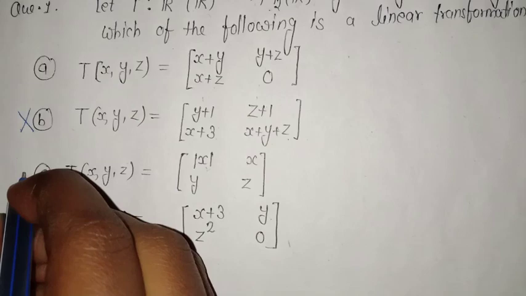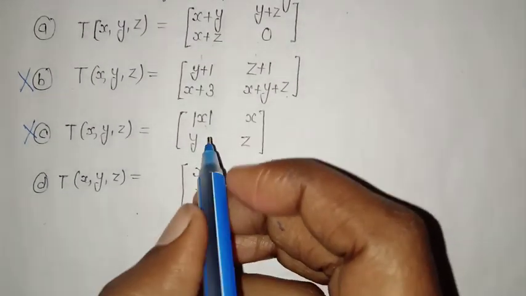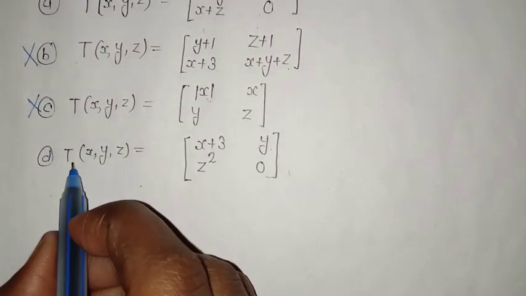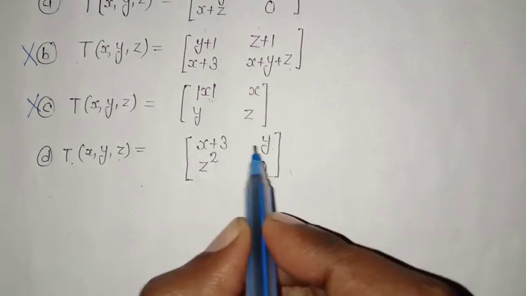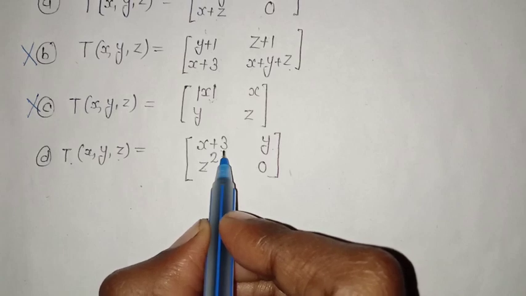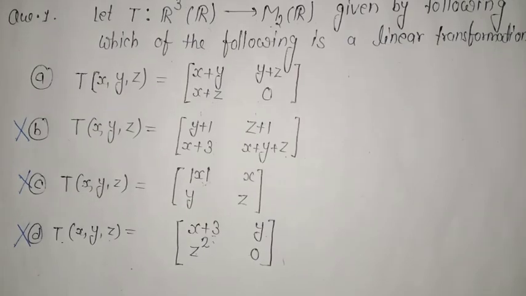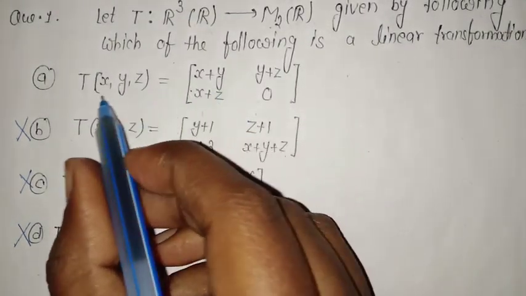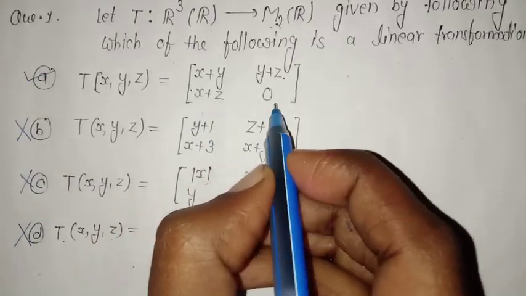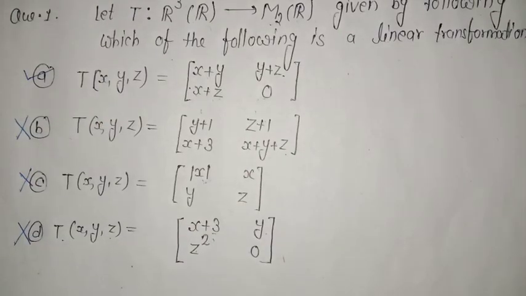So from here we can directly discard this option, because the transformation is given in modulus form also. Now T of (x, y, z) equals x plus 3y, z square, 0. This is not linear, and one constant term is also involved. That's why this will also not form a linear transformation. So the only correct option is A, because each term is linear and no constant terms are involved. This 0 has no value. That's why this option is correct, and you can check it by yourself.